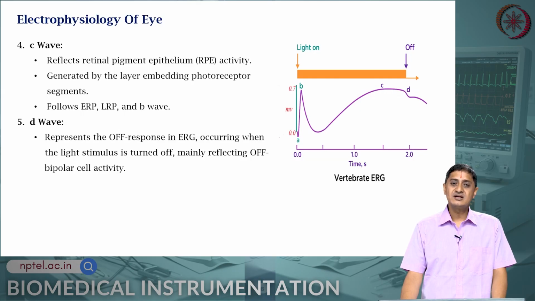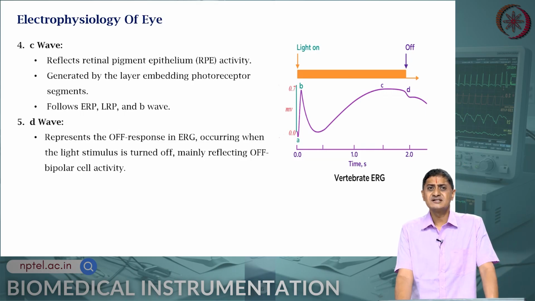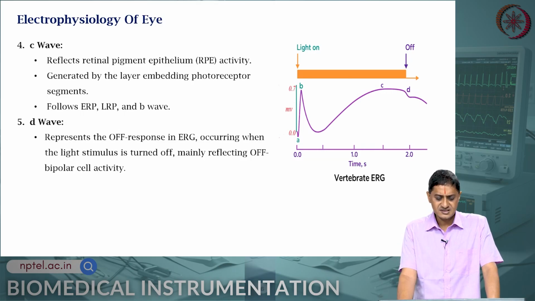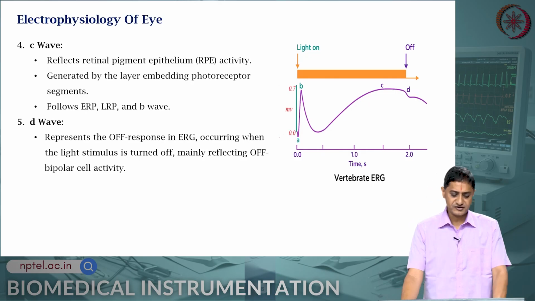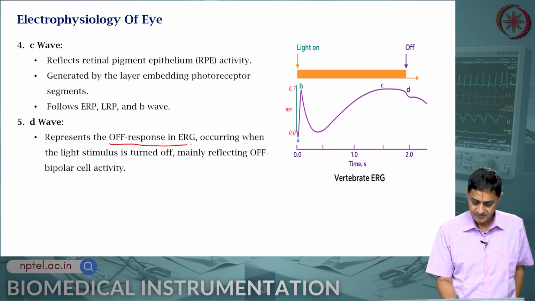Recall what is RPE? RPE is retinal pigment epithelium activity. This is generated by the layer that is embedding various photoreceptor segments, right. This essentially follows the early receptor potential, the A wave and the B wave. Following this is the D wave, which essentially represents the off response in ERG.